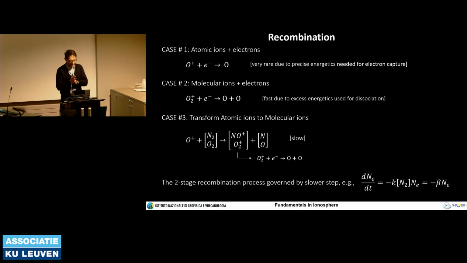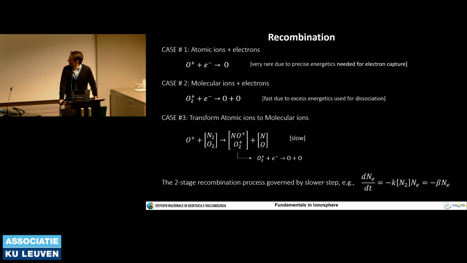What I mean is that, for instance, we can have electronic capture, so some excited oxygen can capture an electron and go back to the atomic state. This is very rare because you need exactly an electron which has a very peculiar energy, so a peculiar wavelength, the 910 angstrom I was mentioning before.